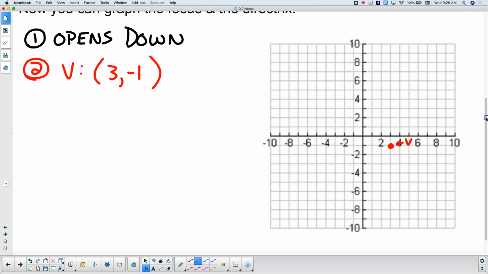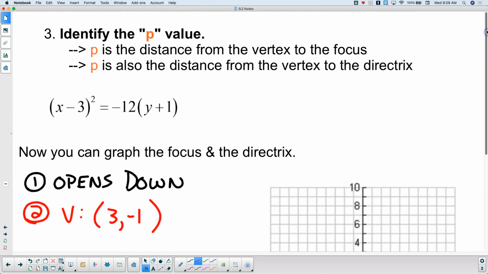Now, step number 3 says we need to identify the p-value, because the p-value is going to give us the distance from that vertex that we found in step number 2 to the focus, and from the vertex to the directrix. Okay?